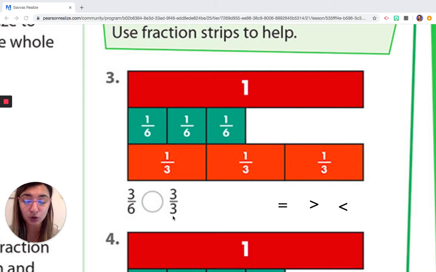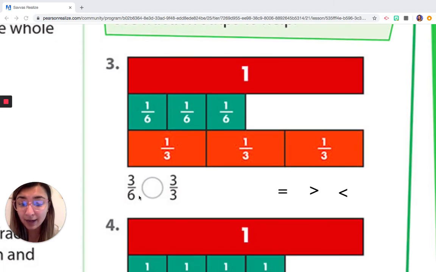In this model, we can clearly see that 3 thirds is way bigger, takes up more space than the 3 sixths, which shows that the smaller denominator is the bigger fraction. So this should read 3 sixths is less than 3 thirds.